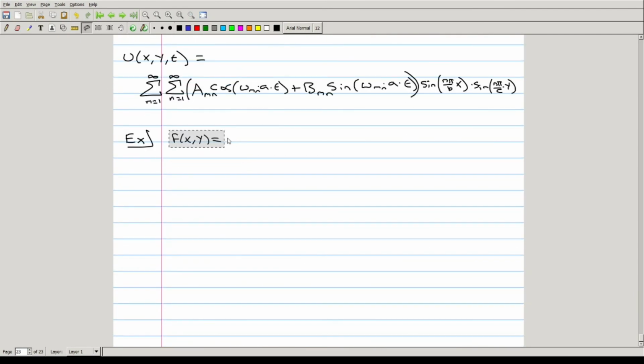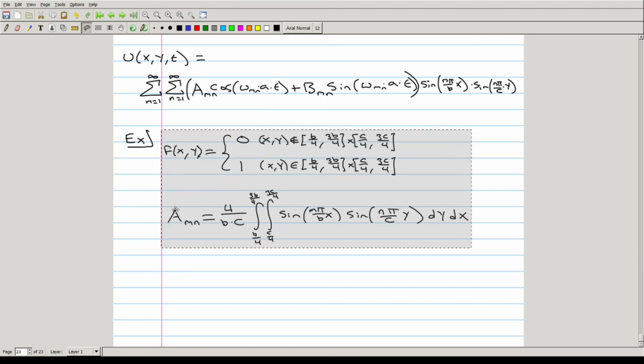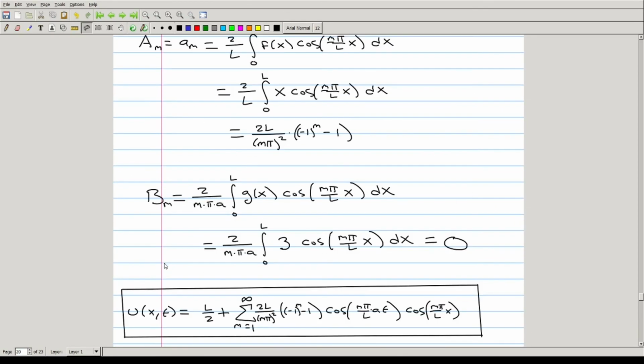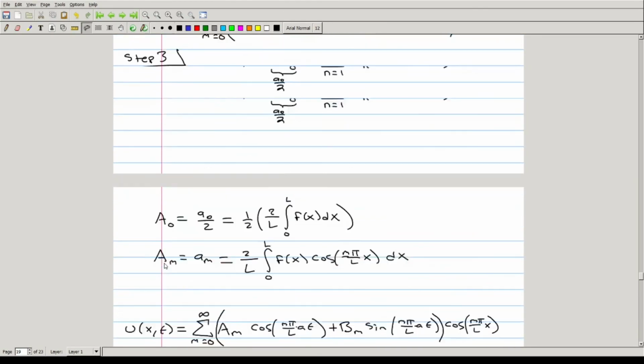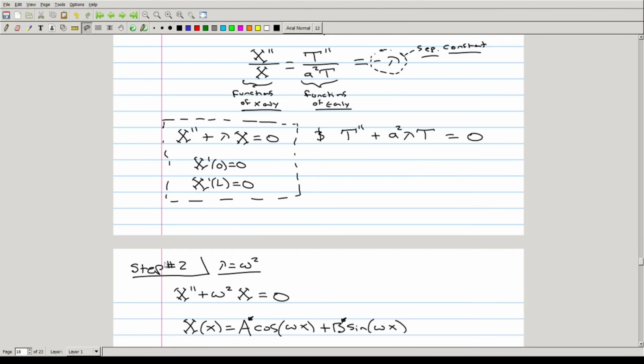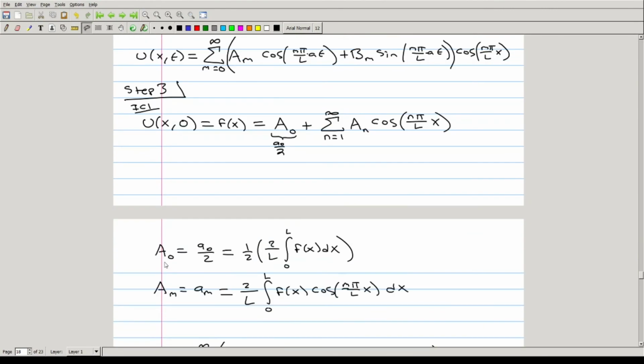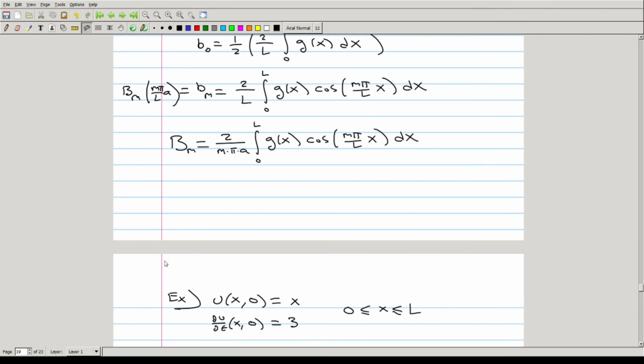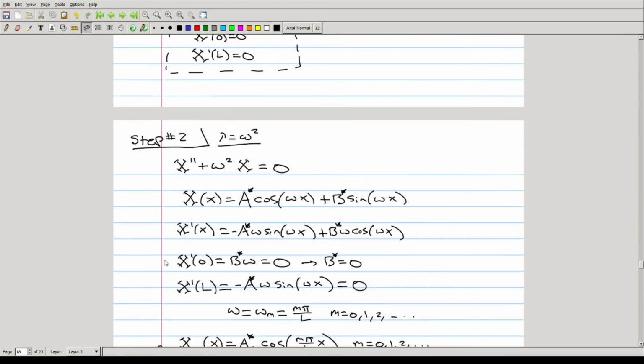So for this piecewise box function, it's 0 on this rectangle and 1 on this rectangle. When we calculated the A_mn's, we found that those were equal to this value right here.